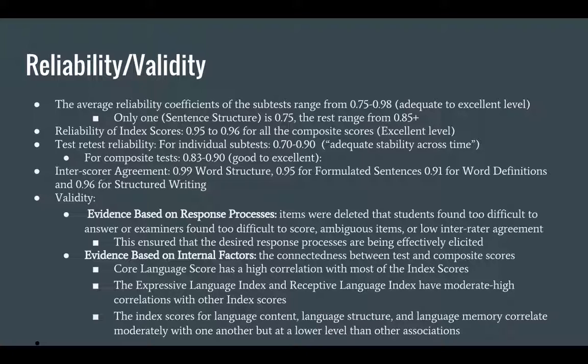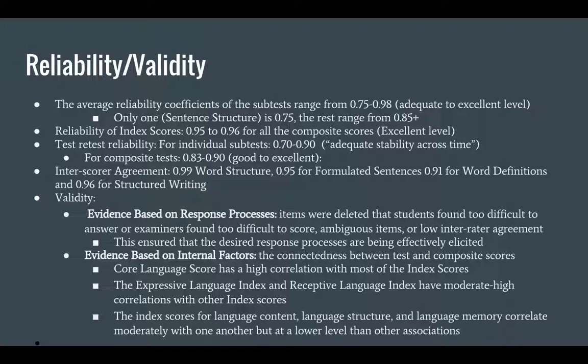So, evidence based on response processes. Items were deleted that students found too difficult to answer, or examiners found too difficult to score, or if they were ambiguous or had low inter-rater agreement. So this ensures that the desired response processes are being effectively elicited.